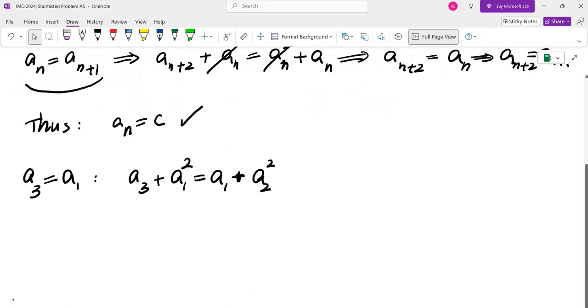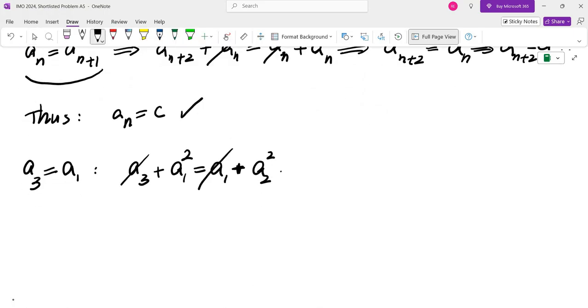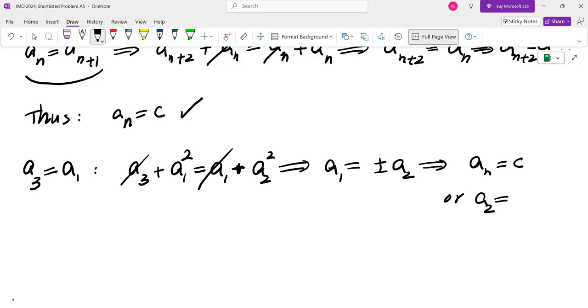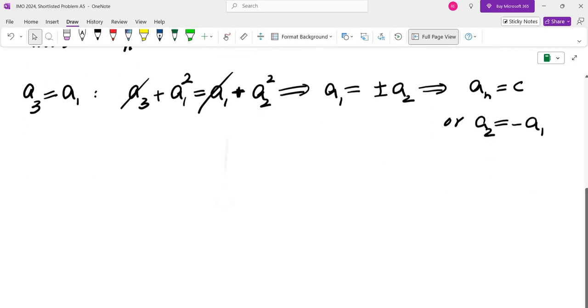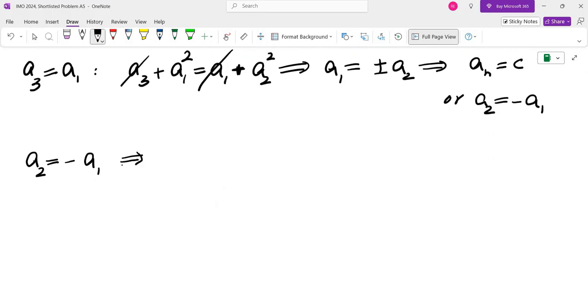Now what we know is A1 and A3 are the same, so that tells us that A1 is equal to plus or minus A2. Well, if A1 and A2 are the same, then that gives us a_n is a constant. And if not, then we have that A2 is equal to negative A1, which means the sequence would be A1, negative A1, and then again A1, and then negative A1, etc.